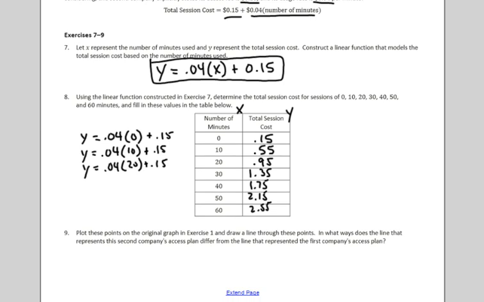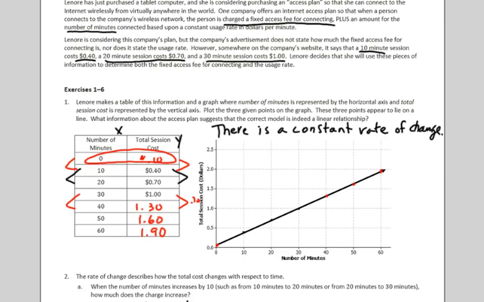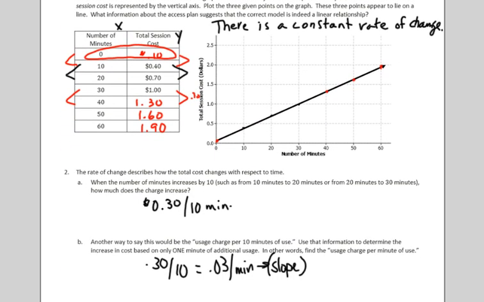Number 9, plot these points in the original graph. In what ways does the line that represents this company differ from the line that represents the first company? So I'm going to go back. Sorry, I keep flipping back. And I'm going to graph it on here.